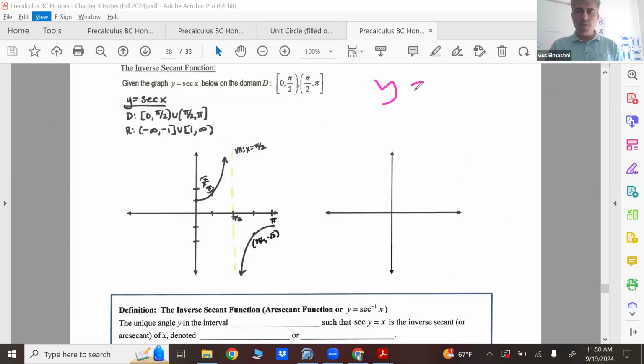So if I do y equals inverse secant of x, because again, if you were to extend those graphs, that would totally fail the horizontal line test, so you want to force the issue that it will be a function for the inverse. So I'm going to have a domain and range switch from the original, as I always do for inverses.